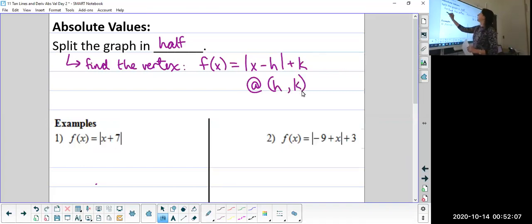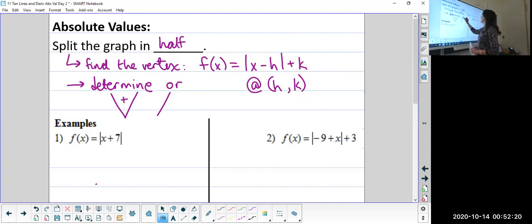And then you need to determine if this is a positive V or a negative A. So determine if it is opening upwards, being positive, is a V, downwards, being negative, is an A shape.